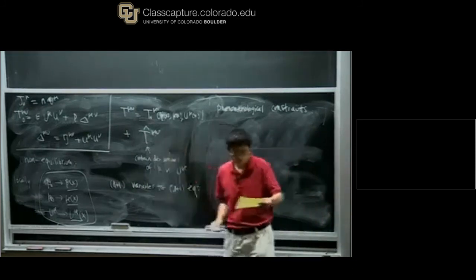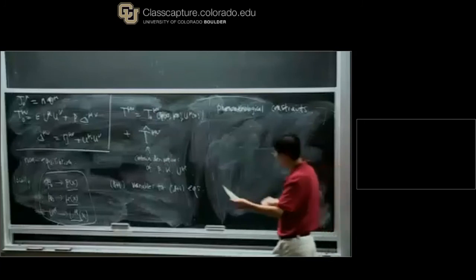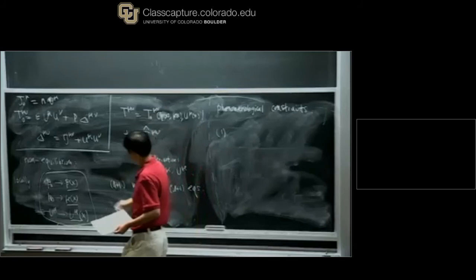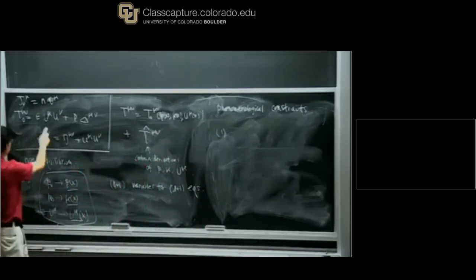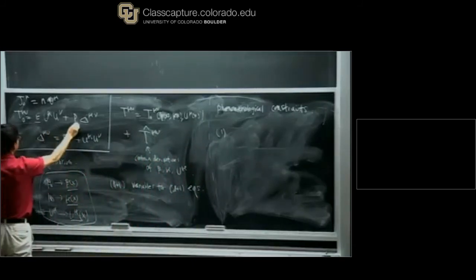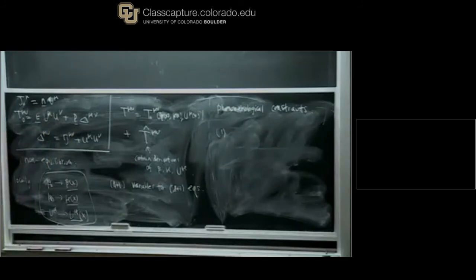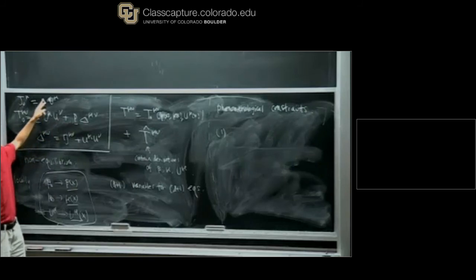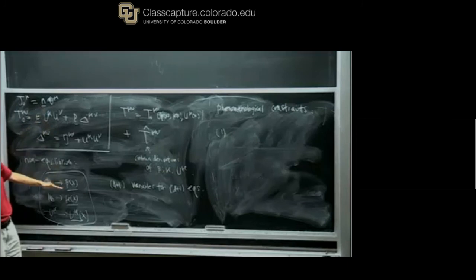Let me say the first constraint, which I already explicitly stated: when we promote in the equilibrium situation, those epsilon, p, and n are not arbitrary. For example, suppose p is described by the equation of state, and once p is determined, then epsilon and n are also determined from the standard equilibrium thermodynamic relations. When we extend to the non-equilibrium situation, we are using the same n, epsilon, and p.